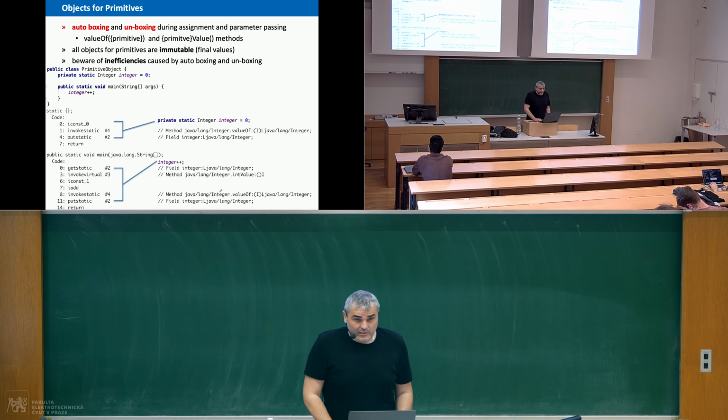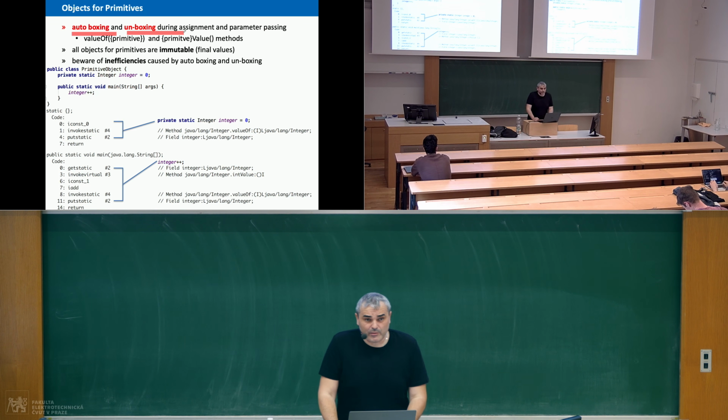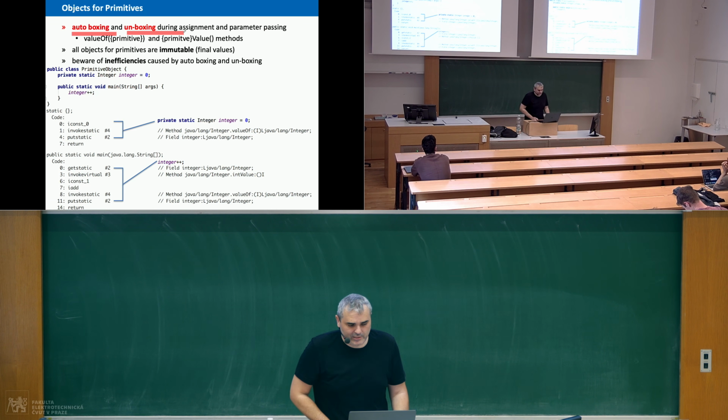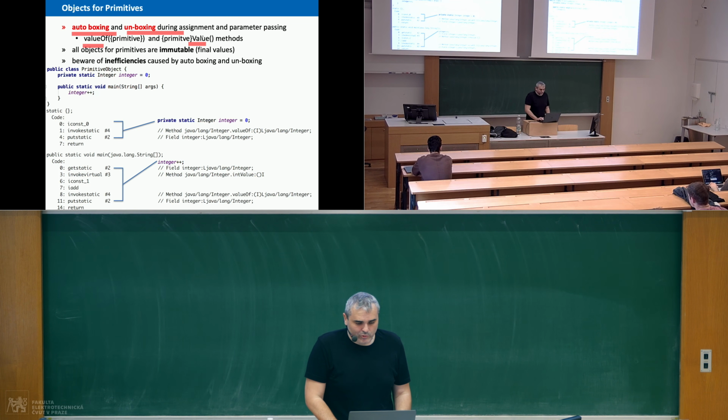Related to the standard object-based representation for primitives, there exist these two terms, autoboxing and unboxing, which happen automatically during assignment and parameter passing, and internally they use valueOf and intValue, or whatever type of primitive it is, methods inside.